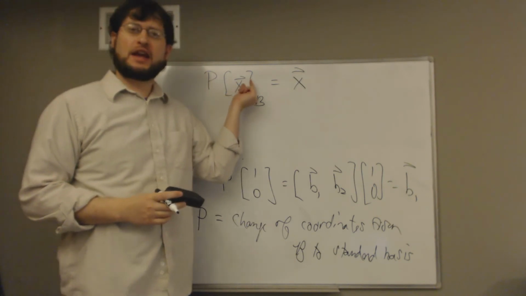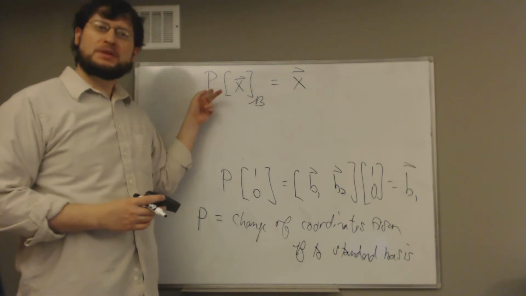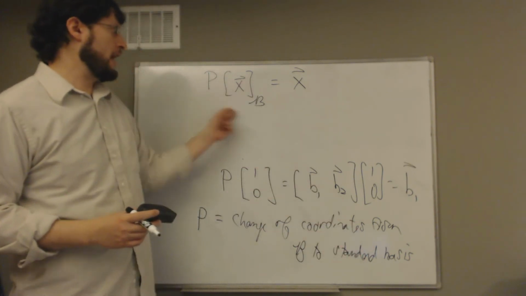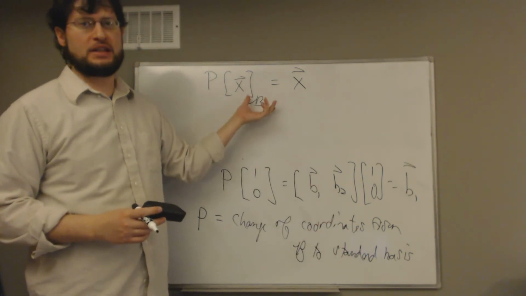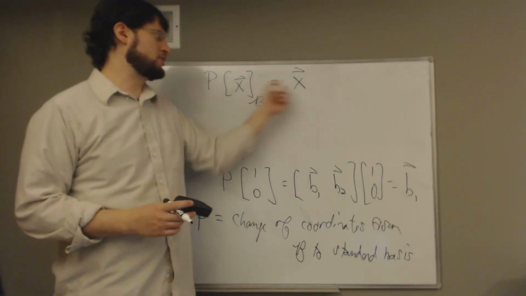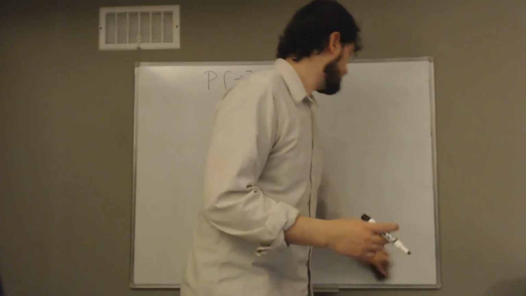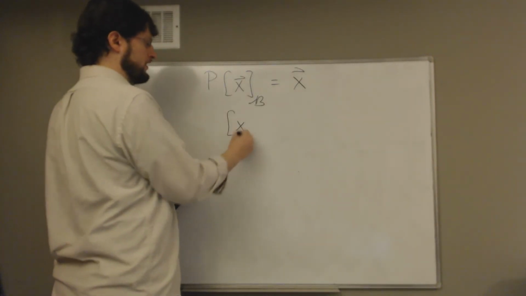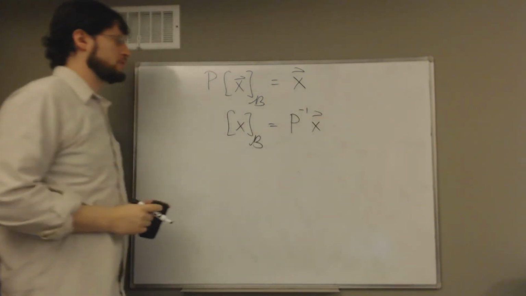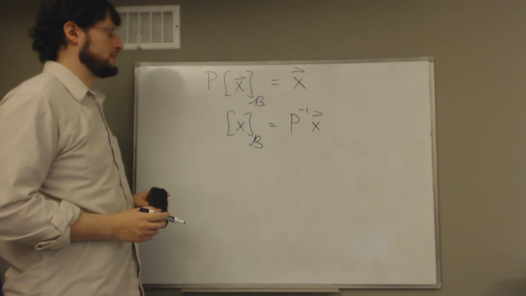If I take a vector x and look at its coordinates relative to B, and then I apply P, but P is the change of coordinates from B to the standard basis, then I get its coordinates in the standard basis, which is just x. And so this also tells us that x_B is P inverse x. These are things that we saw before from back in chapter 4 when we talked about change of coordinates.